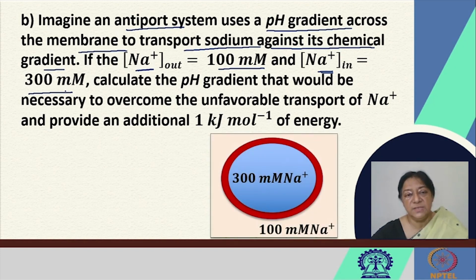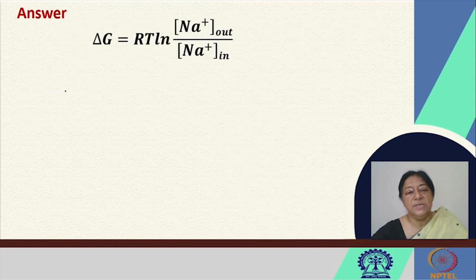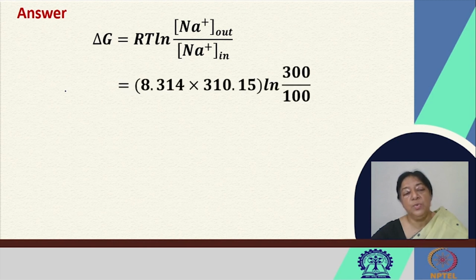So we have this situation where we have the concentration outside as 100 and inside as 300. In this case, we are looking at an Na plus out to Na plus in concentration ratio where we get the delta G associated with this.